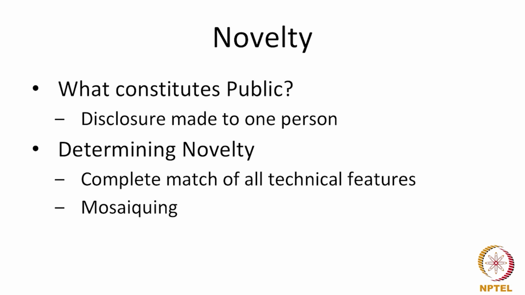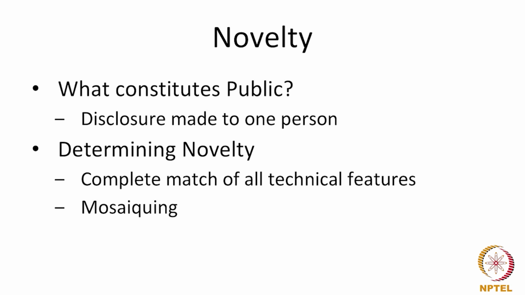What distinguishes the novelty requirement from an inventive step requirement is the fact that in an inventive step analysis, the invention is seen as to whether it was obvious to a person skilled in the art. That brings in the knowledge of the person skilled in the art, what we call the mental element, which is absent in a novelty analysis.